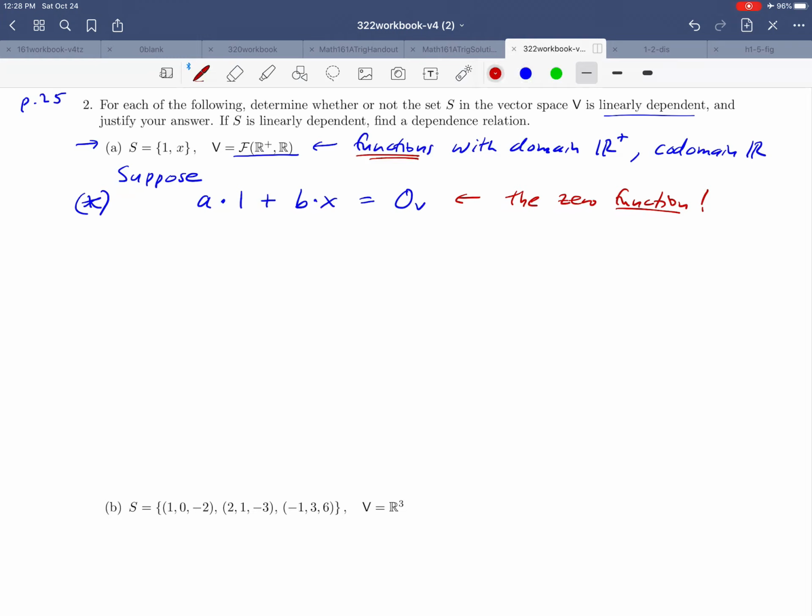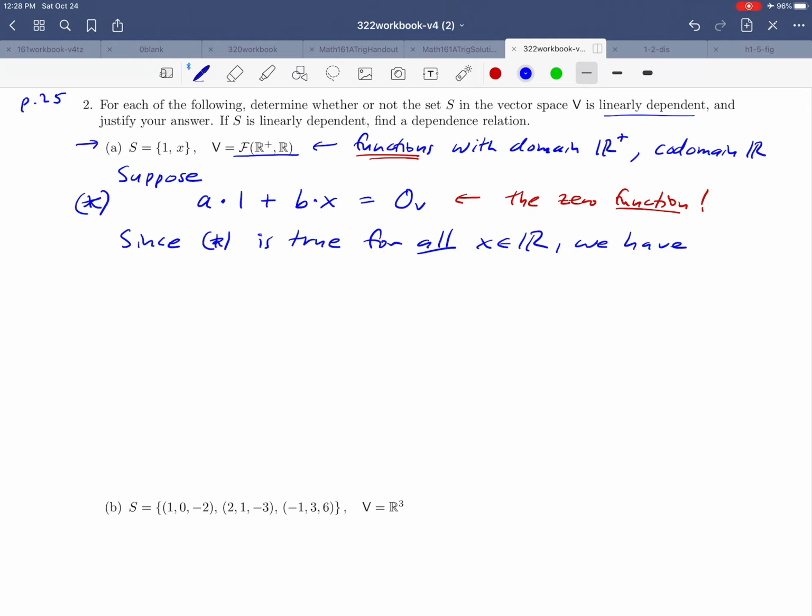These are functions, which means that this equation has to be true for every x in our domain. I'm going to write that down because that's the key observation here. Since star is true for all x in R, it allows us to choose any real number x and come up with a true statement.